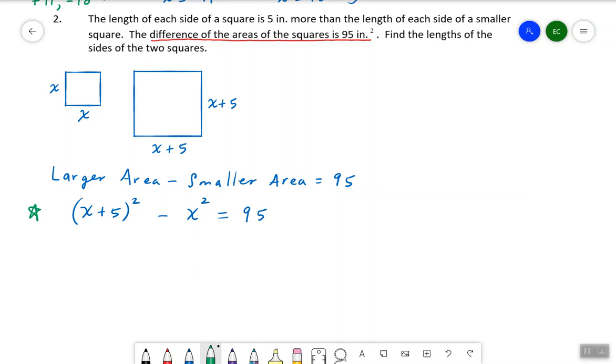Again, if you think you could solve this equation on your own, then go ahead and do that. Okay, be careful when you multiply out x plus 5 times x plus 5. Don't forget the two middle terms. You wind up with x squared plus 10x plus 25 minus x squared is equal to 95.